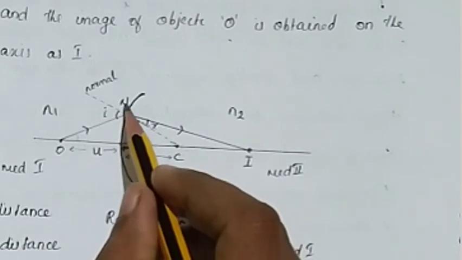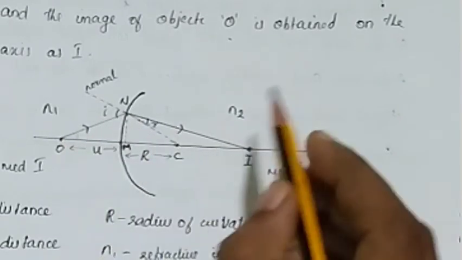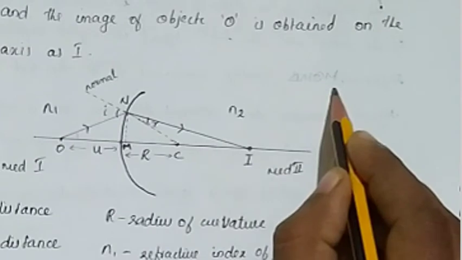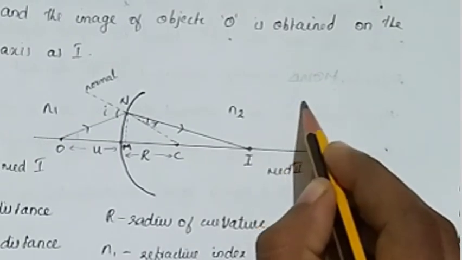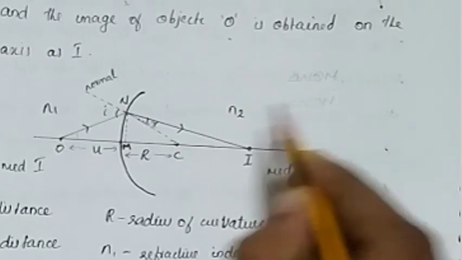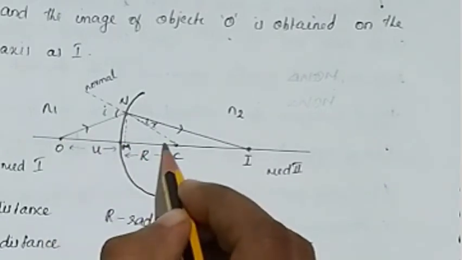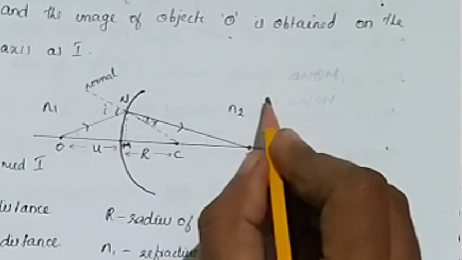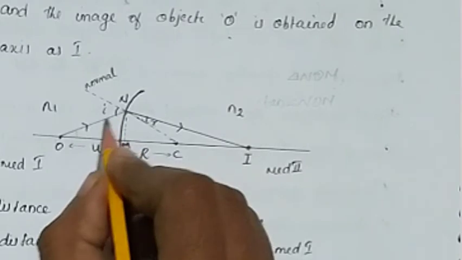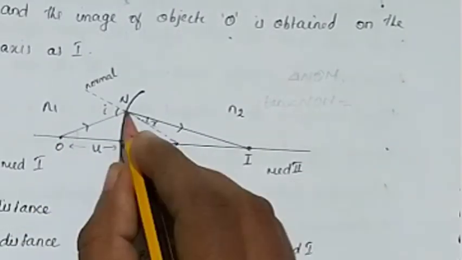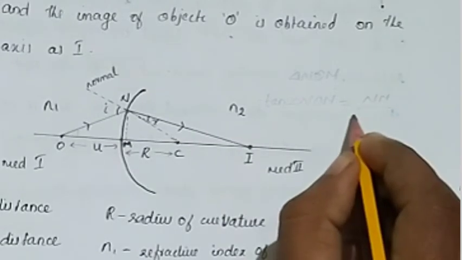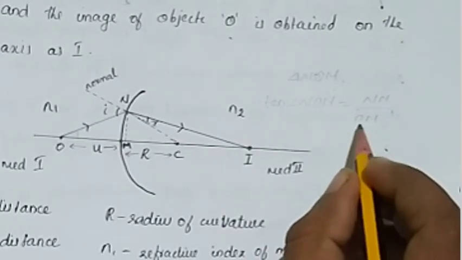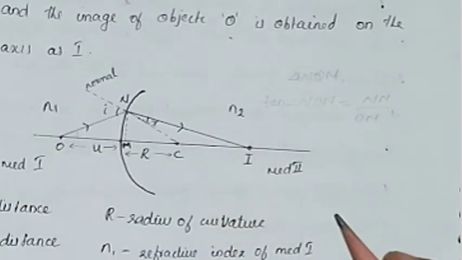Considering the right angle triangle NOM, we can write the angle NOM, which is the angle NOC itself, as tan of the angle NOM equal to opposite by adjacent, that is NM divided by OM, and we know that OM is the object distance.